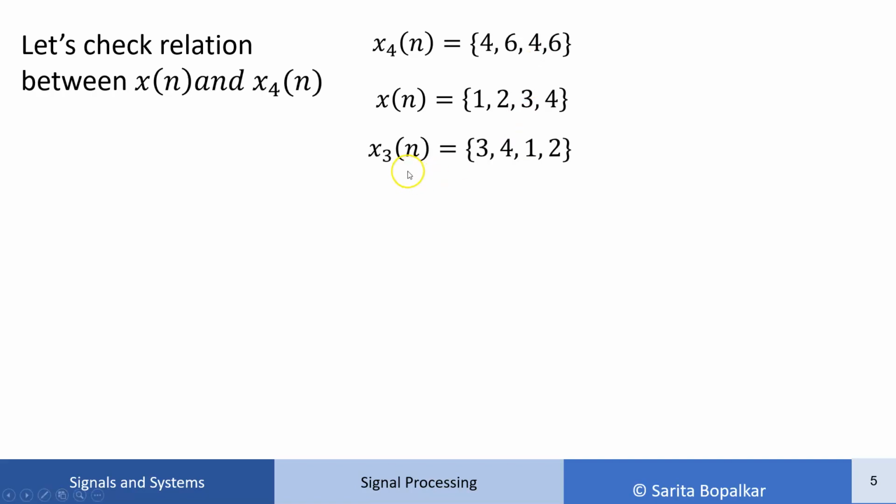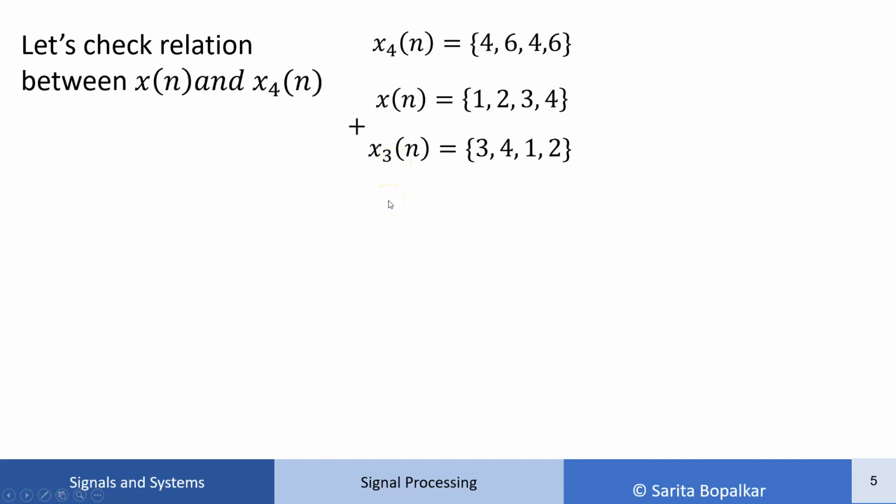We have the result of X3 of n also, which we have just calculated. Now check whether X4 of n is related to X of n and X3 of n in any combination.